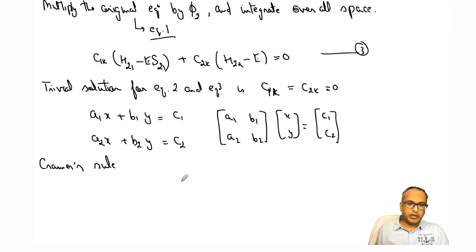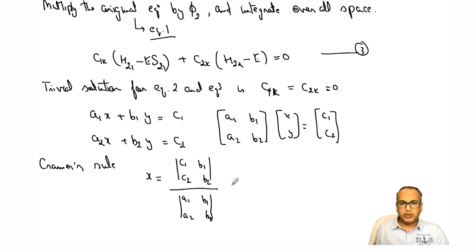So what did we do there? We had x written as a determinant where we replace the first column of coefficients by C1, C2, and the second remains as such, divided by the determinant of A1 B1, A2 B2, right?